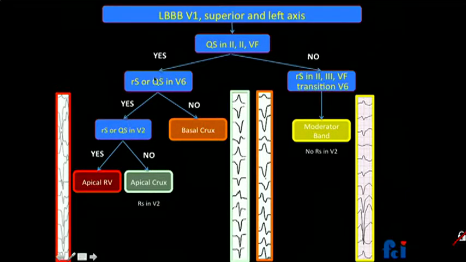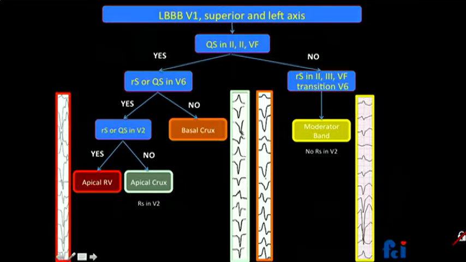When they have RS or QS in V6, as in this case, or this other case, then the question that we need to ask is what V2 is like. If V2 has RS, maybe it will be described as apical in the crux, as in this case. So I repeat to clarify the point because I think I confused you.